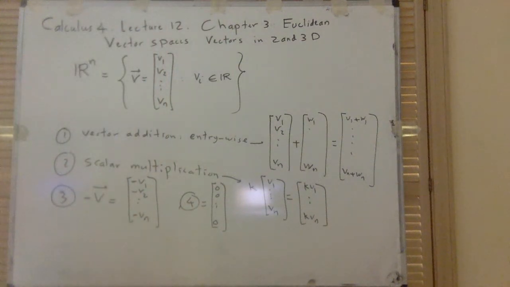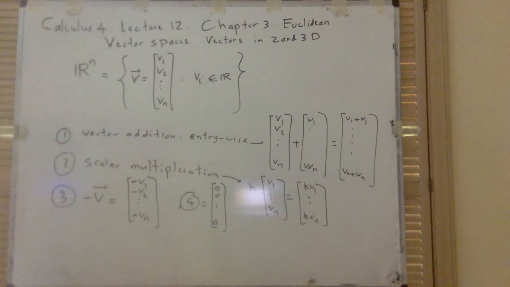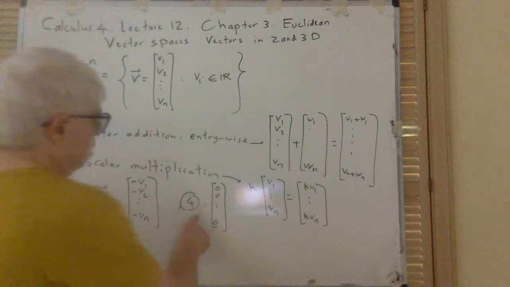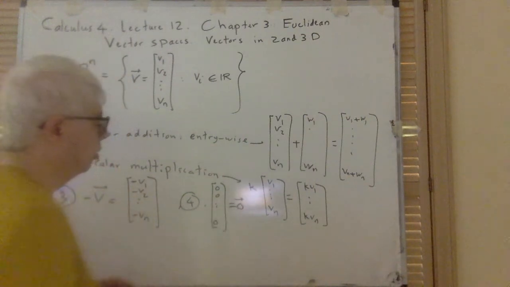So we identify points with vectors, then we define addition entry-wise, scalar multiplication is also entry-wise, the minus v is this, and the identity vector is the zero vector.